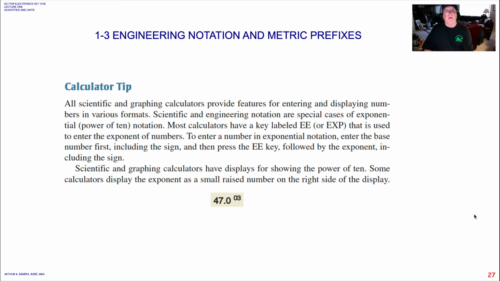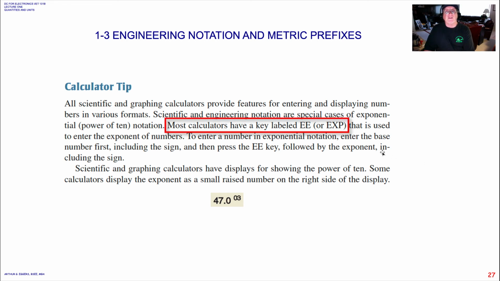Okay? So we can use the engineering notation and the metric prefixes in our calculators. All scientific and graphic calculators provide features for entering and displaying numbers in various formats. Scientific notation and engineering notation are special cases of the exponential power of 10.